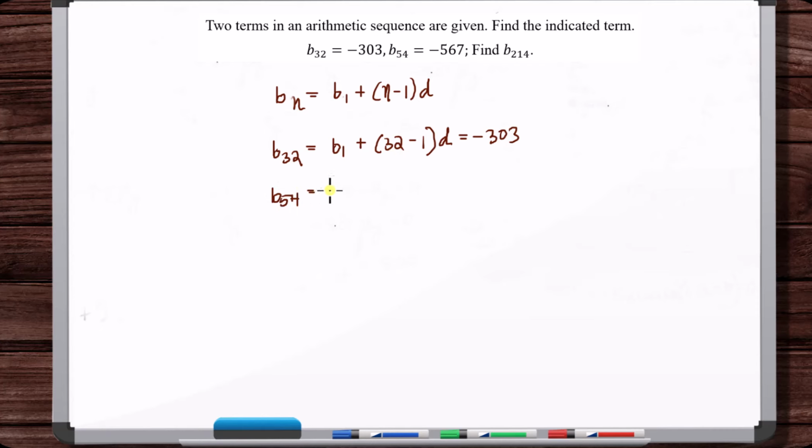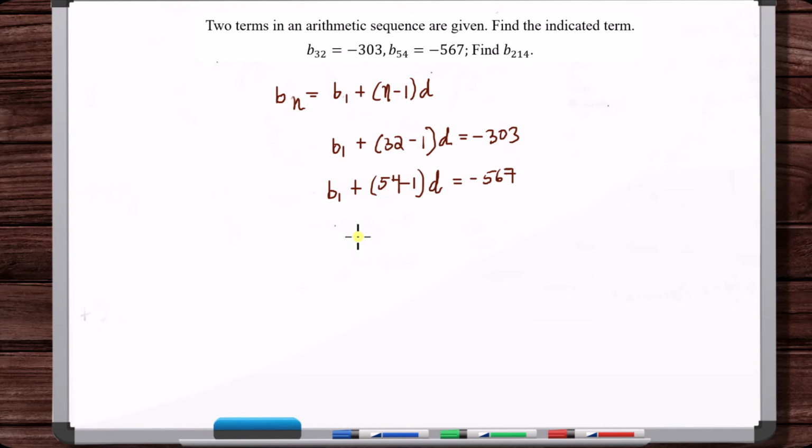You see, so now b of 54 is equal to b sub 1 plus 54 minus 1 times d is equal to minus 567. So now what we have is two equations and two unknowns. We can solve for our b1 and d now.